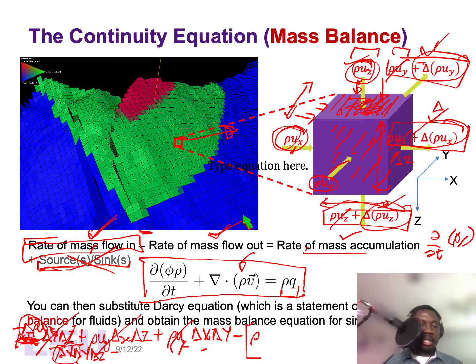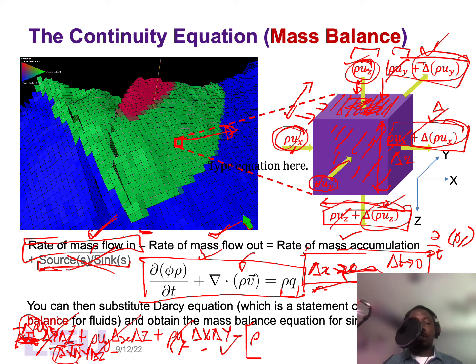In the continuous form, you assume delta x, delta y, delta z tend to 0, so they become infinitesimally small, and you assume delta t tends to 0. When you're done deriving, you have the discrete form, and then you make these assumptions in the limits and you get this continuous form here, which is the continuity equation.